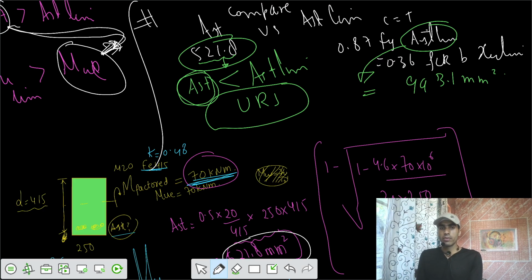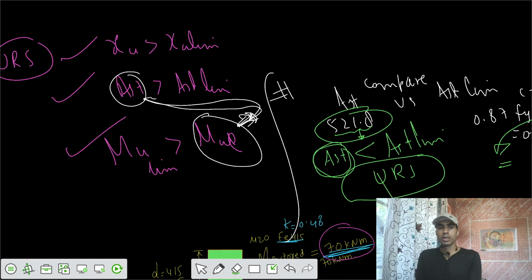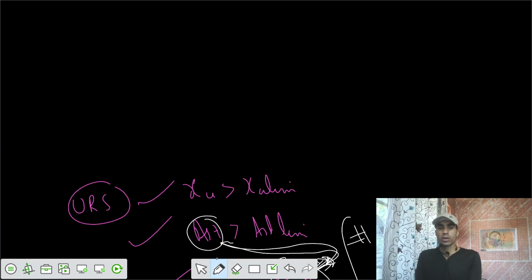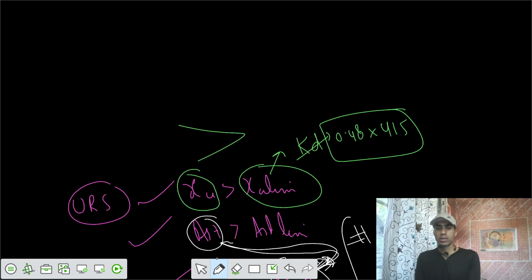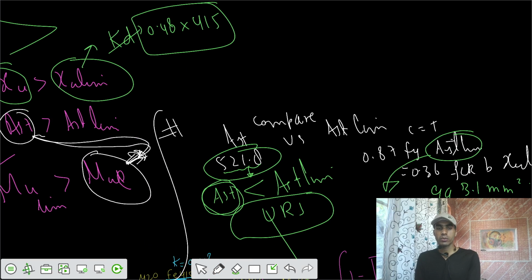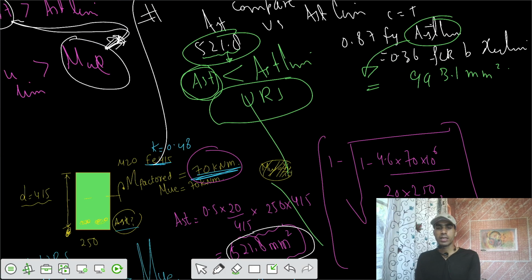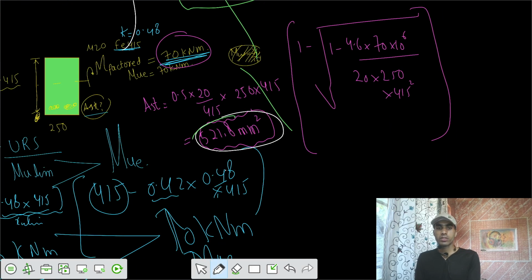Third approach is if you want to solve it in terms of Xu, I have to ensure that the limiting depth of neutral axis, that is K times D, we already solved as 0.48 into the depth of 415, is greater than the actual Xu. To get the actual Xu we need the actual steel required corresponding to the external bending moment, which is 521.8.